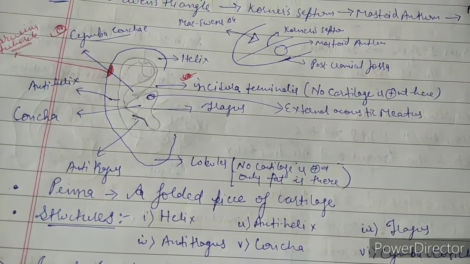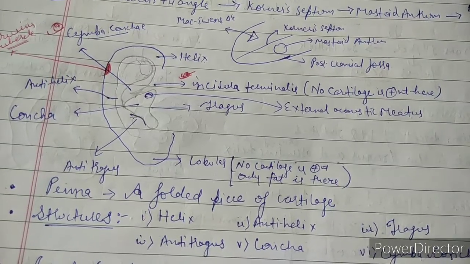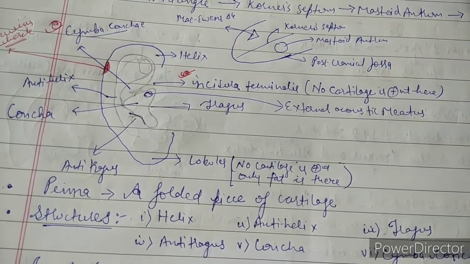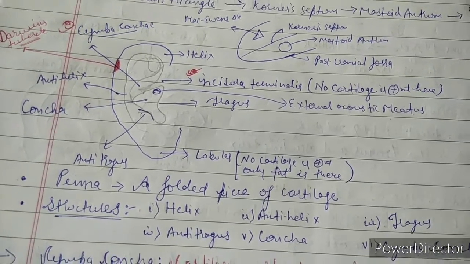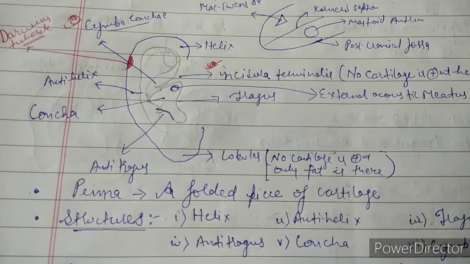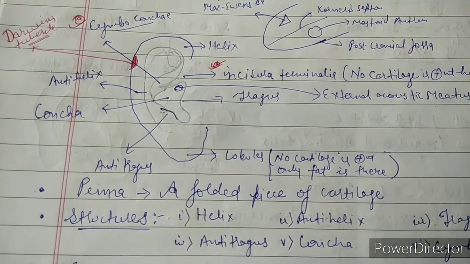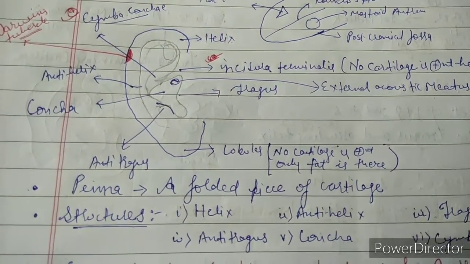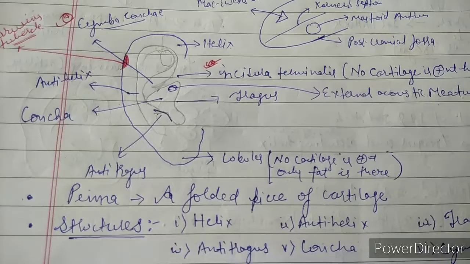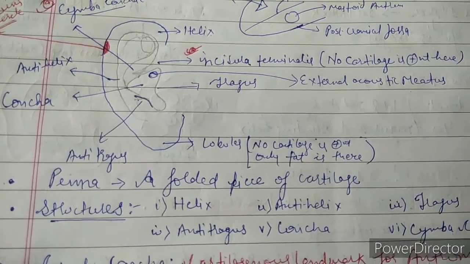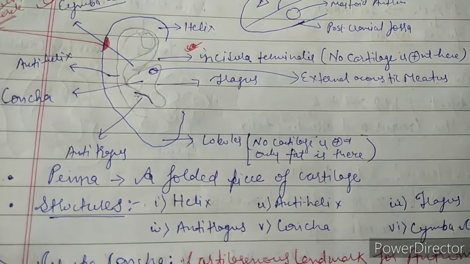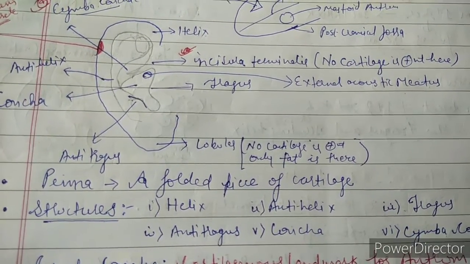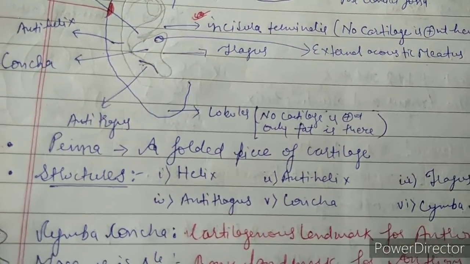If I make the opening in any part of the pinna other than the incisura terminalis, we will be damaging the cartilage, and that will be painful. So we usually do not make openings through the pinna. We usually make the surgical openings from this space only, that is the incisura terminalis. This is the speciality of this space, that it is free of cartilage.